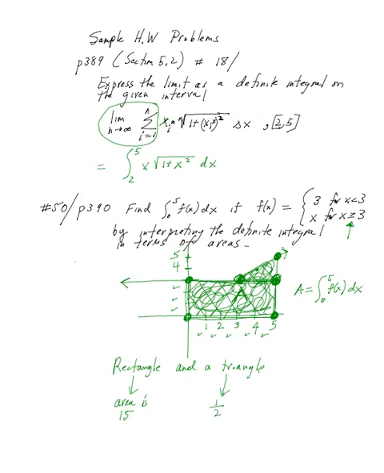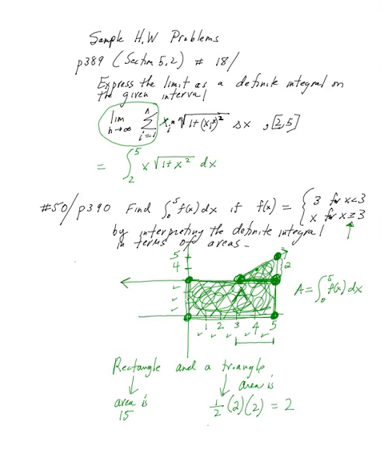The base goes from 3 to 5, so that's 2. And the height goes from 3 to 5, so that height is 2. So the area is just 2 square units.